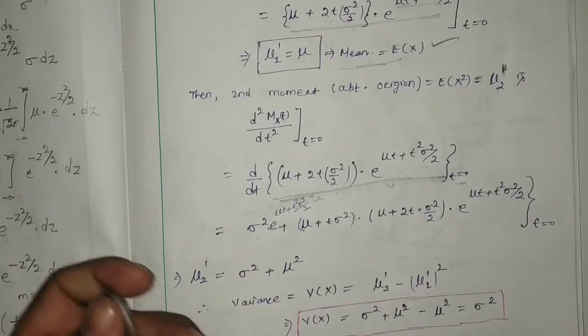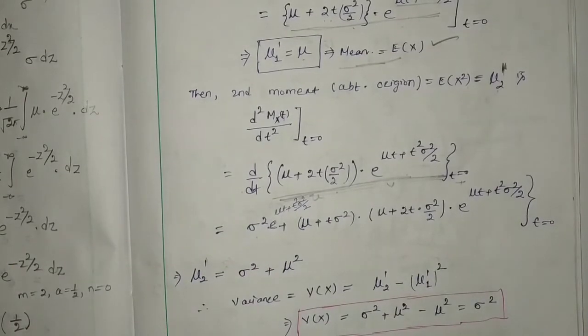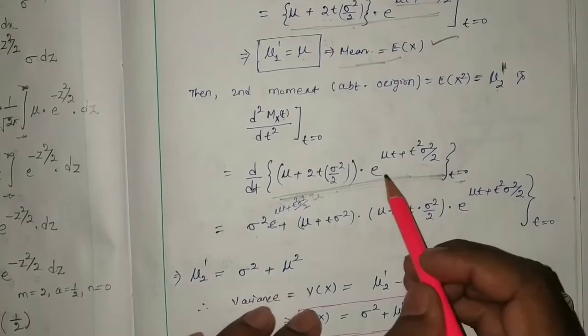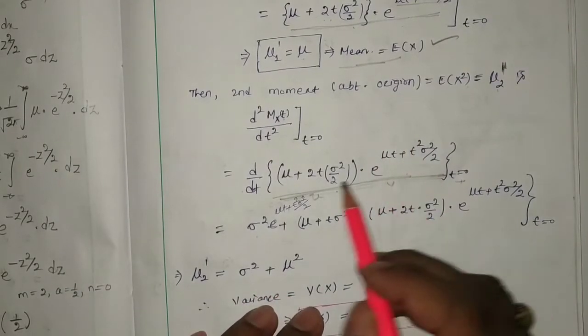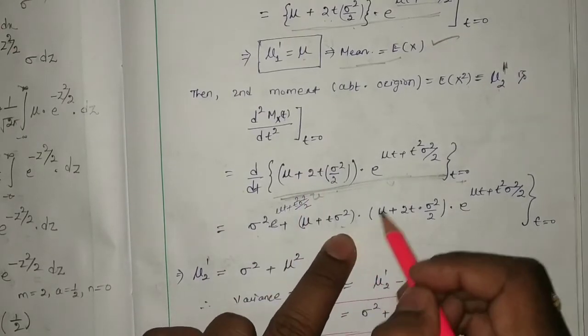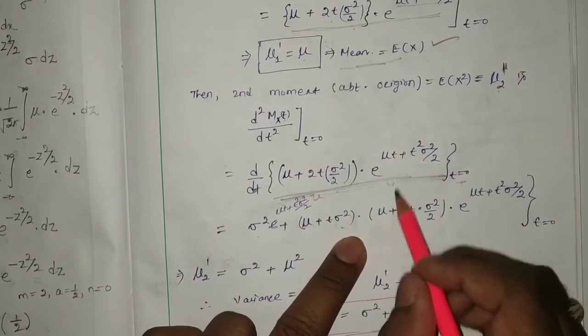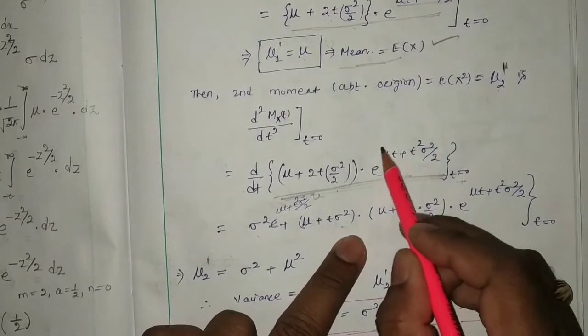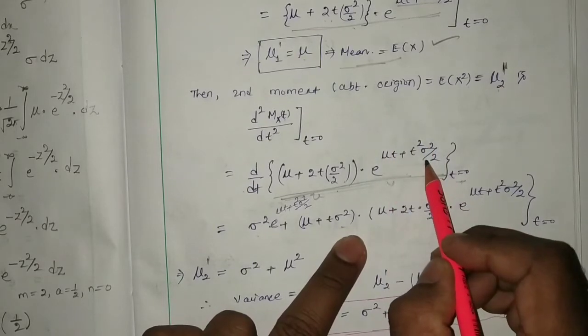Okay, then we have to consider the differentiation of this one. So keep u as such, and then the differentiation of this term with respect to t, and e to the power this one.